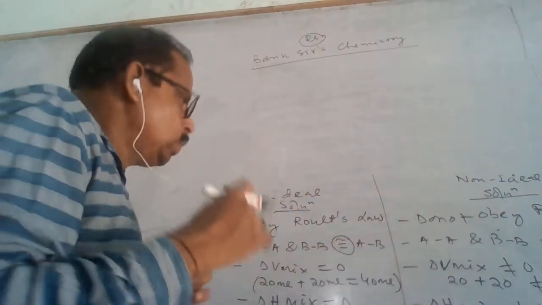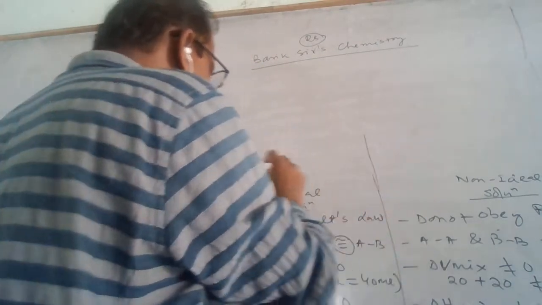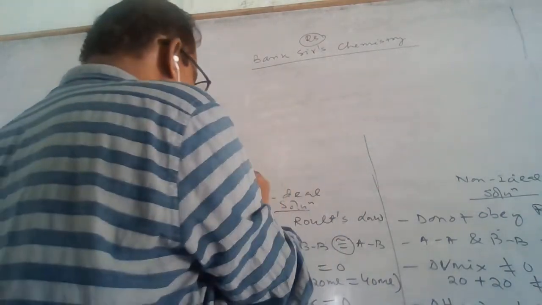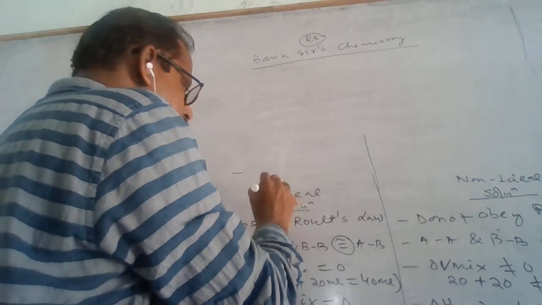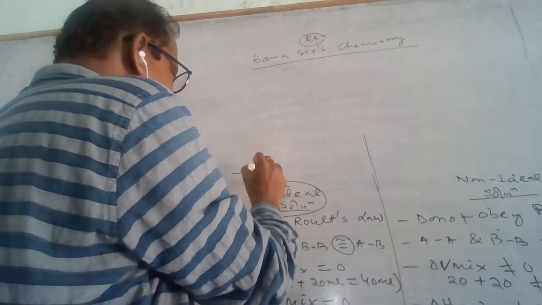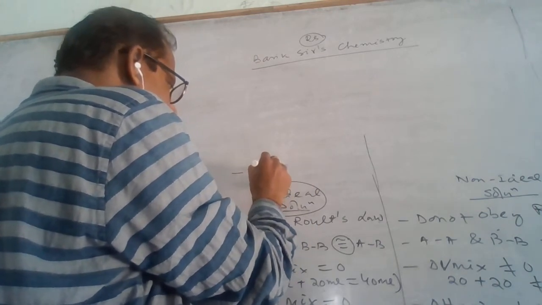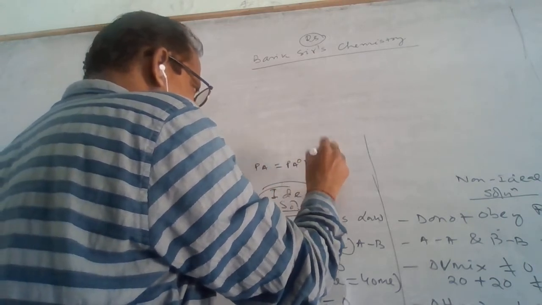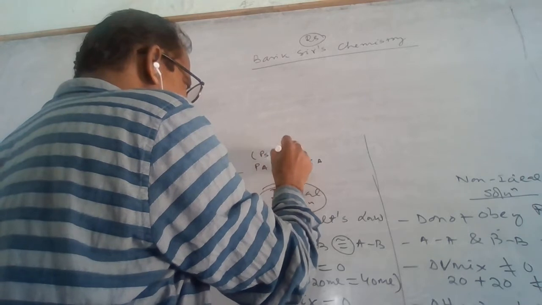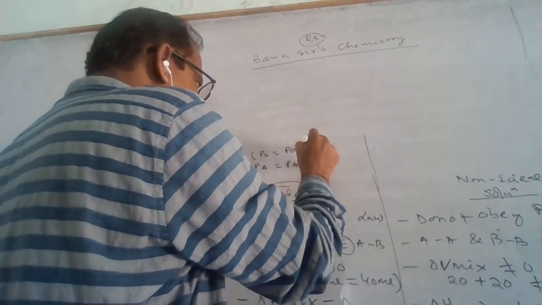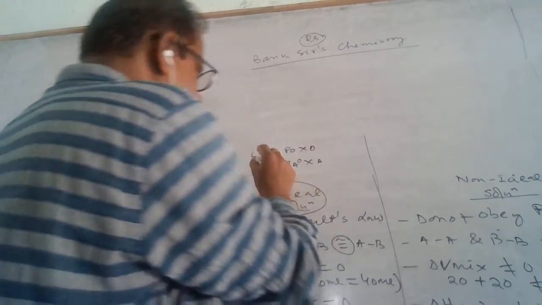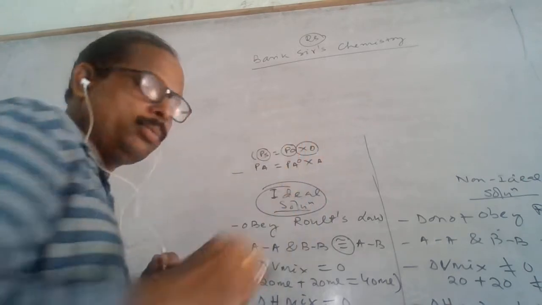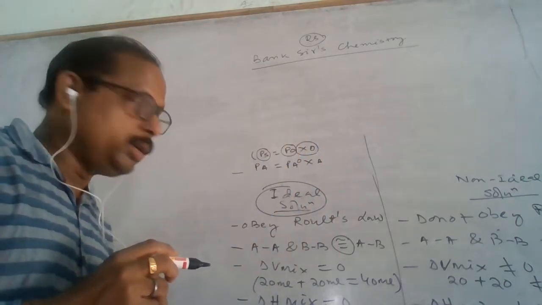In the case of the ideal solution, there is no space at the bottom, so I am writing it now. In the case of the ideal solution, what will happen? PA is equal to PA0 XA. It is very similar to this formula, Ps = P0 X0. The vapor pressure of the solution is equal to the vapor pressure of the solvent times the mole fraction of the solvent.